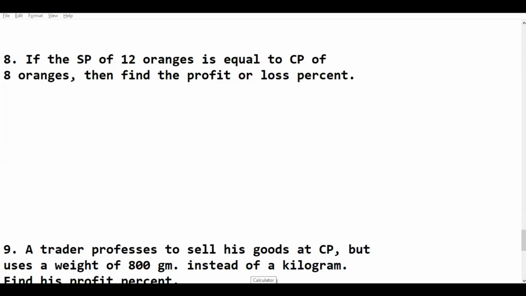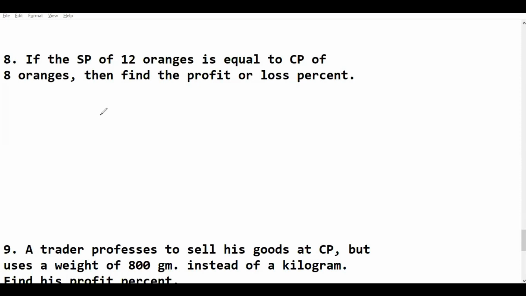Two points you need to understand. When you are in profit, your cost price should be less. When you are in loss, your cost price should be more. Always, the difference is the profit or loss.